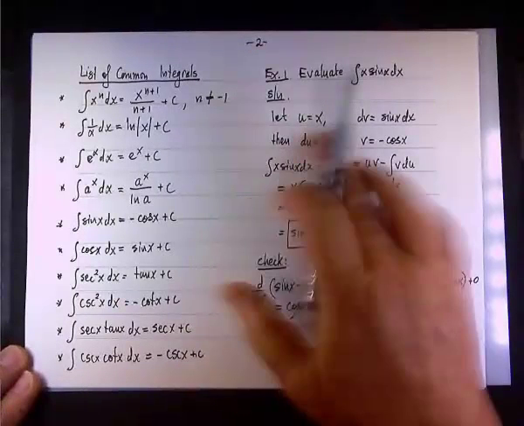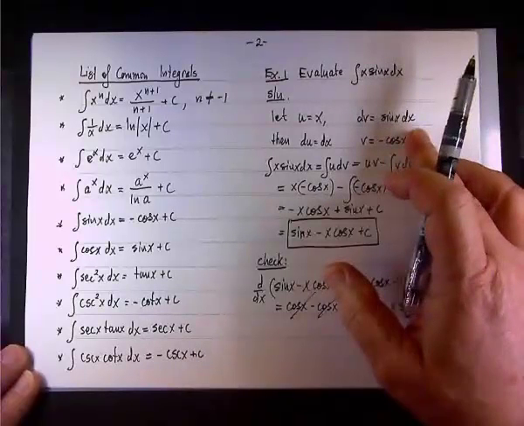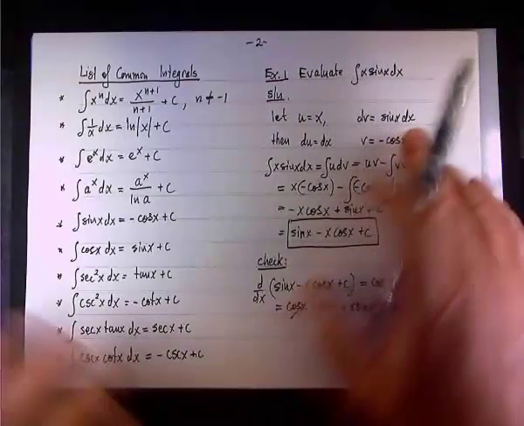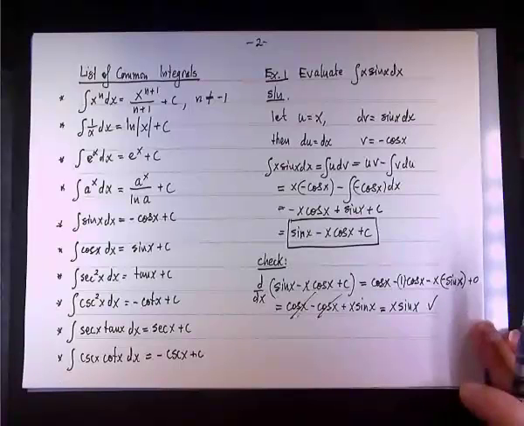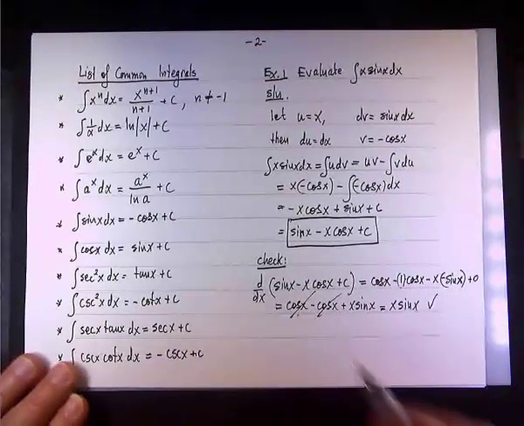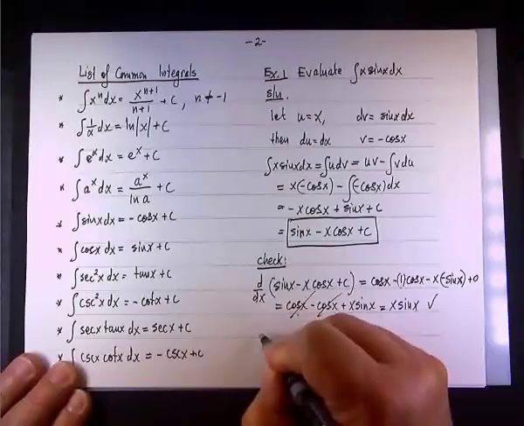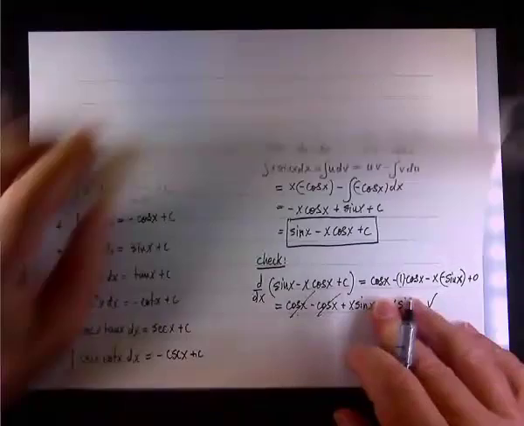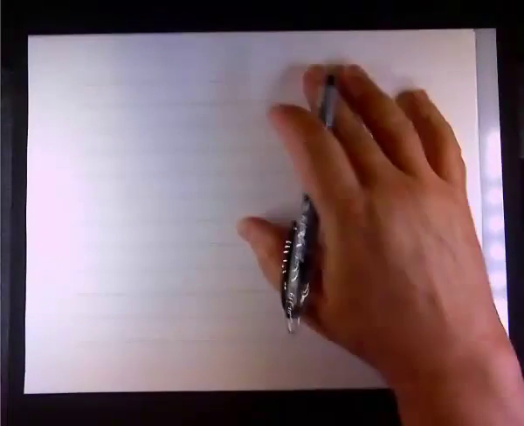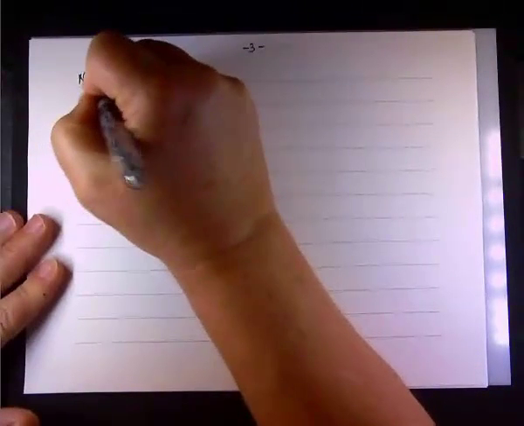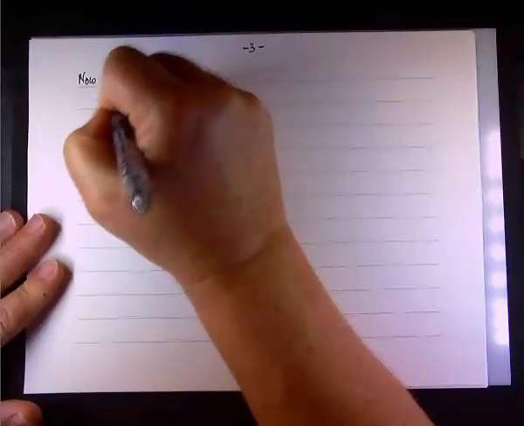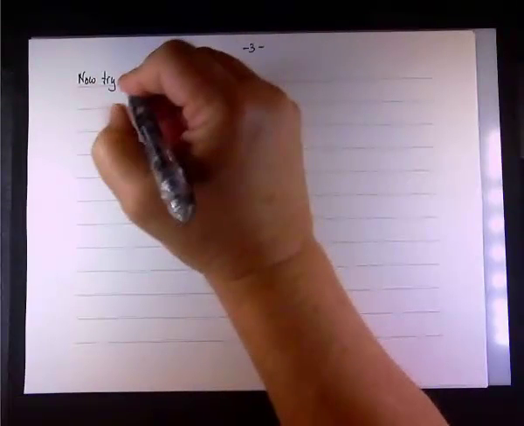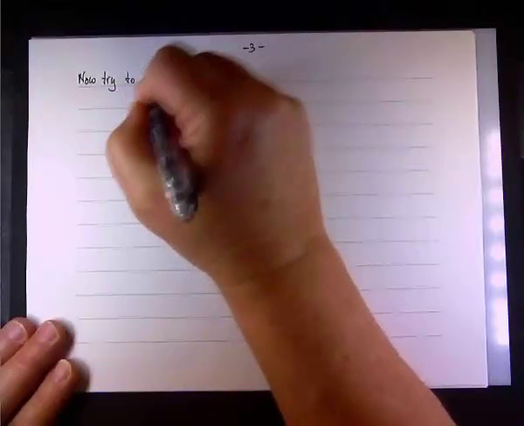Now, here's the last question. What happens if we choose different u and different dv? Remember, we started by choosing u equal x and dv equals sine x dx. What happens if we choose it differently? I want to stop here and let you try. I'll do it on the next page on your own. Let's change the substitution and choose different u and v.